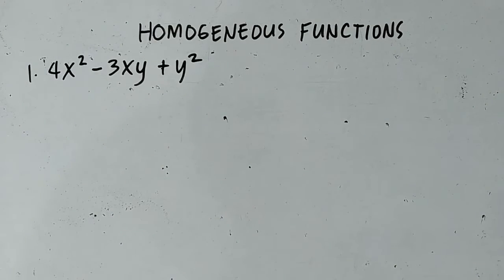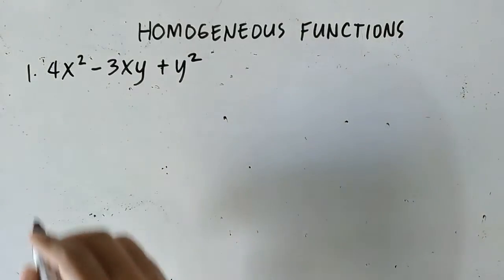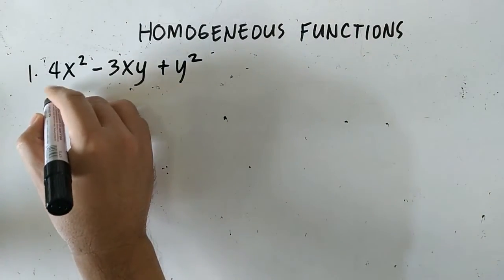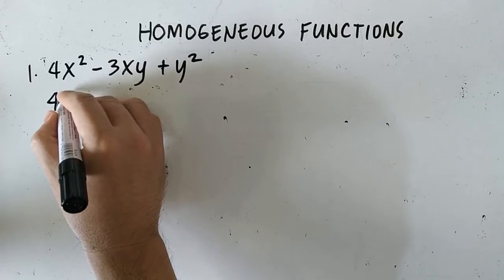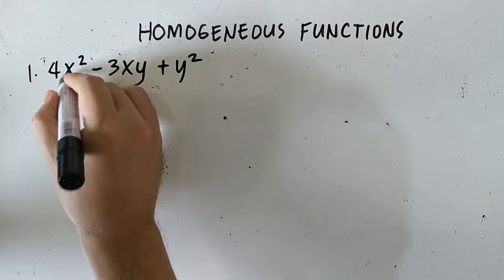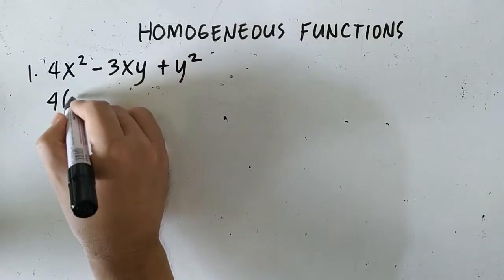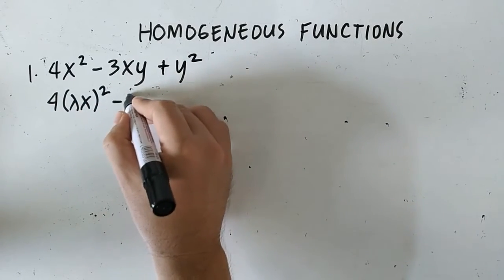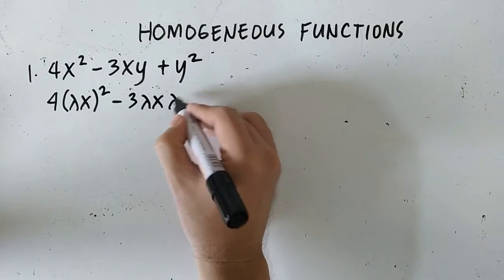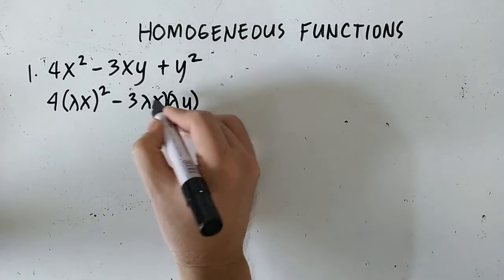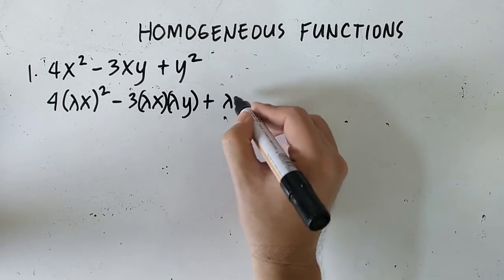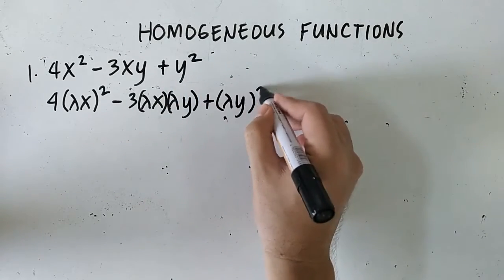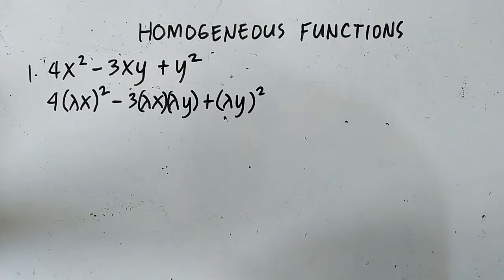For our first example, let's say we have 4x squared minus 3xy plus y squared. To test this for homogeneity, we insert a constant coefficient, let's say lambda, with every variable. Since this is x squared, we insert lambda as a coefficient of x squared, minus 3 lambda x lambda y, plus lambda y, and since y is squared, we square both lambda and y.